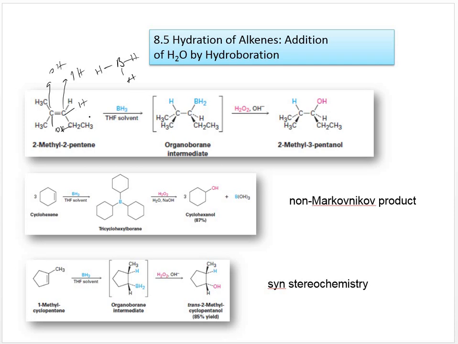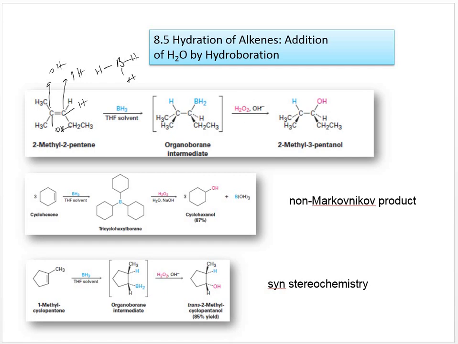So when you react an alkene with boron trihydride, what happens? Boron trihydride adds itself to the carbon-carbon double bond in a fashion that BH3 splits into BH2 and H. Hydrogen is added to one carbon of the double bond and BH2 is added to the other carbon.